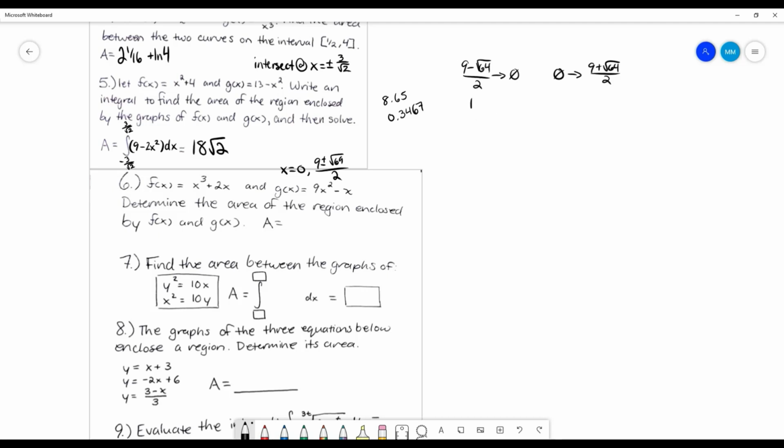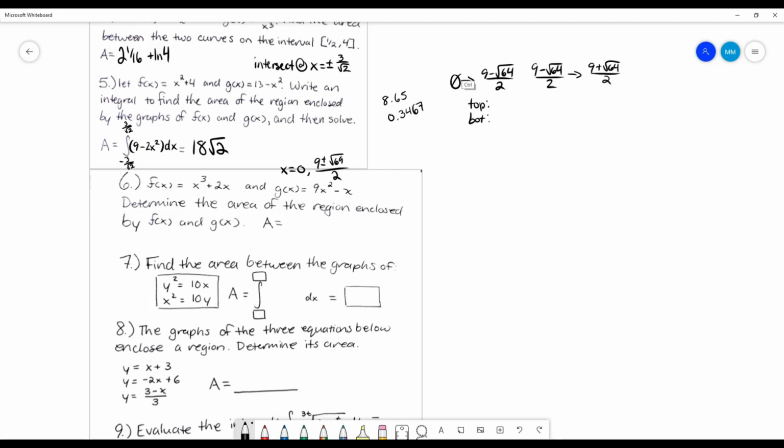So let's figure out our top function and our bottom function. It's between 0 and that. So from 0 up to that, and then from that up to the higher one.